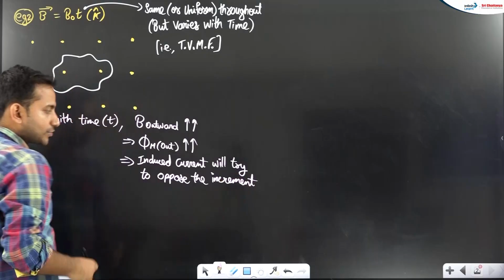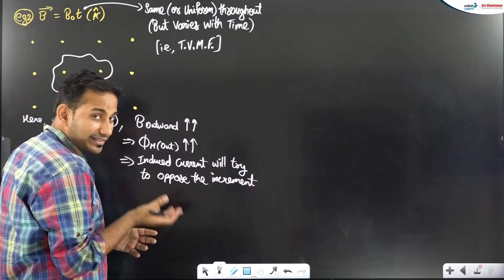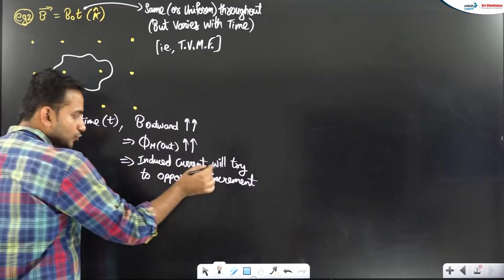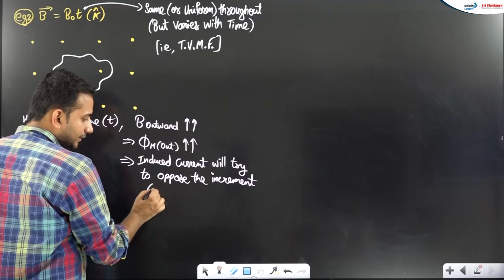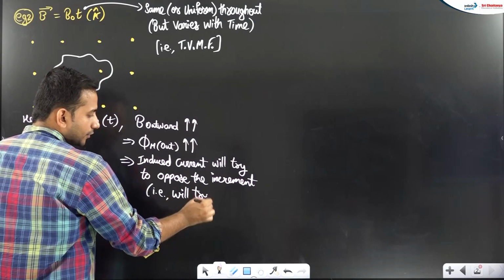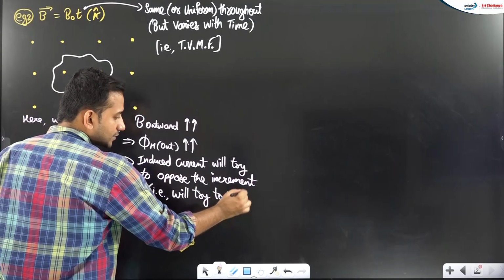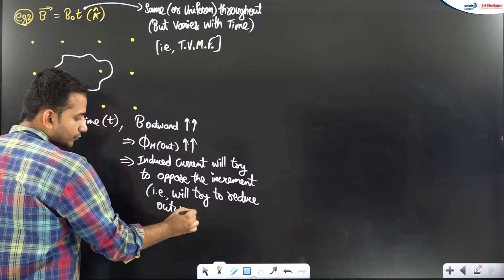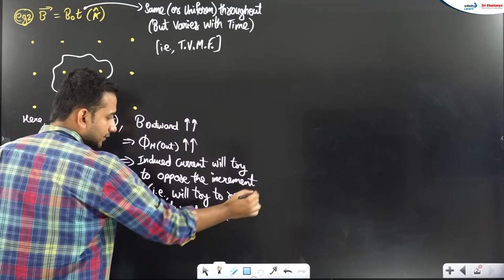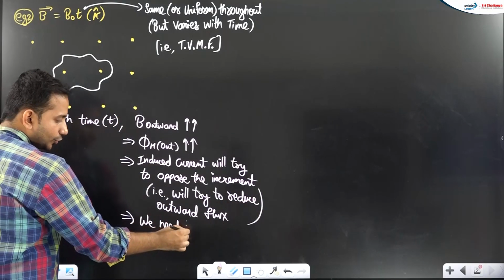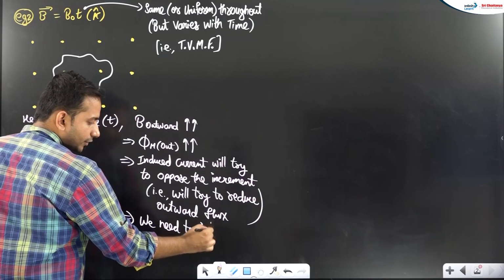If you want to oppose the increasing, if you want to oppose the stronger, make it weaker, means give opposite. Induced current will try to oppose the increment, that is, will try to reduce outward flux. If it will try to reduce outward flux, this implies we need to introduce inward flux.